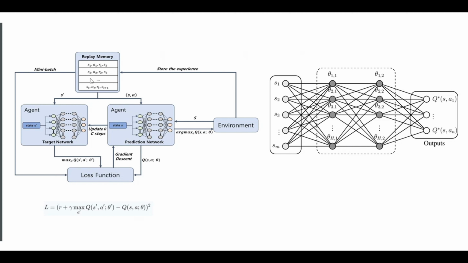We store the information in the replay memory. So once we have this episode completed, then we will use this stored information to train the Q network to optimize its parameters such that the output Q value will be more and more meaningful, right? So that's our goal.